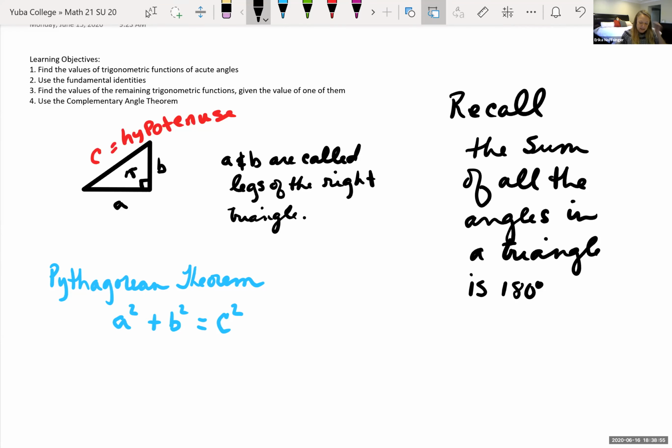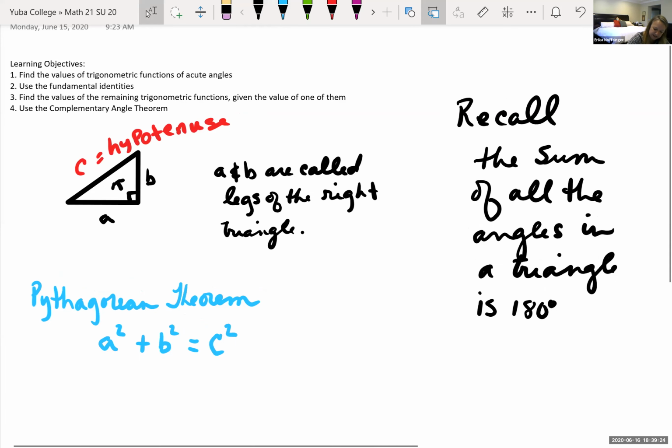Sometimes the angles are denoted with Greek letters, sometimes with capital letters. A lot of times, notation-wise, the size of each leg and the hypotenuse are denoted with lowercase letters, and the angle across from the lowercase side is a capital letter.